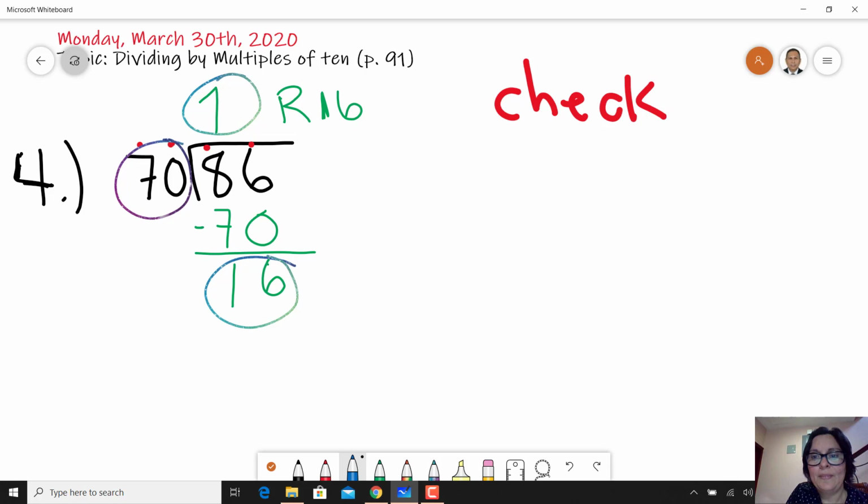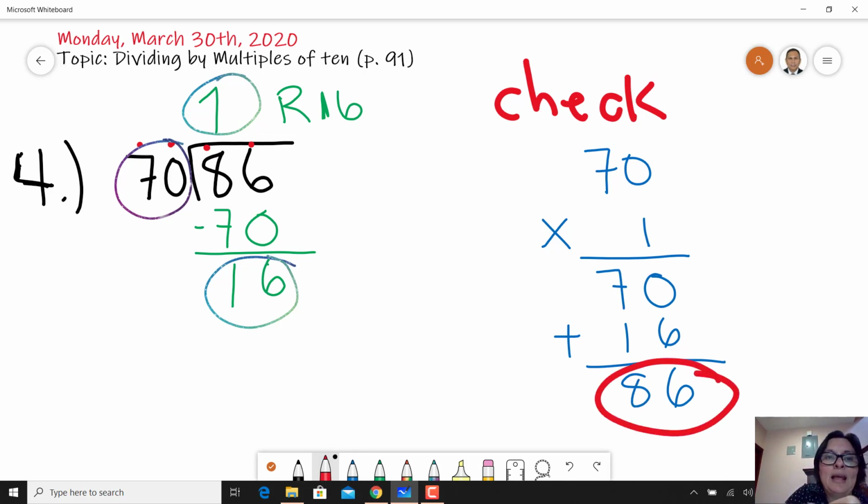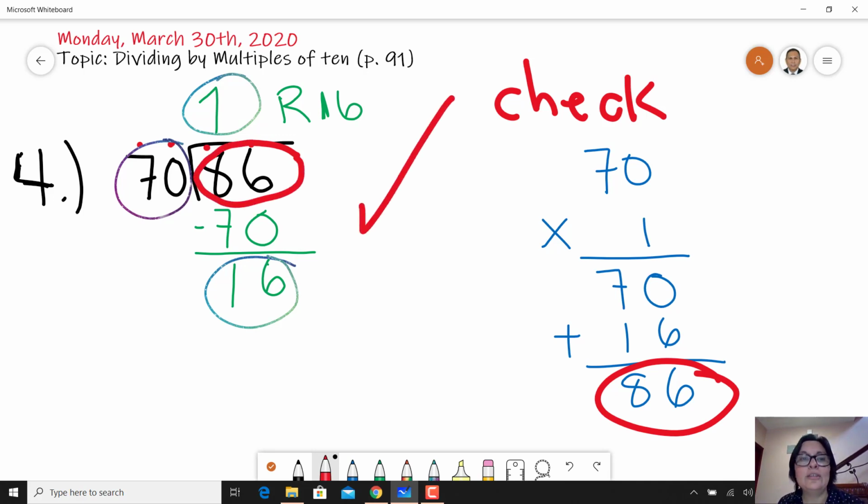So let's do it. 1 times 70, or 70 times 1. 1 times 0, 0. 1 times 7, 7. Plus the remainder, that is 16. So 0 plus 6, 6. And 7 plus 1, 8. Is this number the same as the dividend? Yes. So that means that our division is correct.